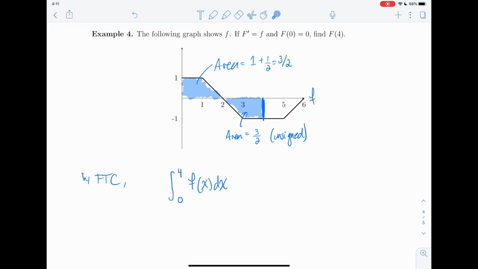So here's one way we could organize this. On one hand, by the fundamental theorem of calculus, this is going to be equal to its antiderivative at the upper bound minus its antiderivative at the lower bound.